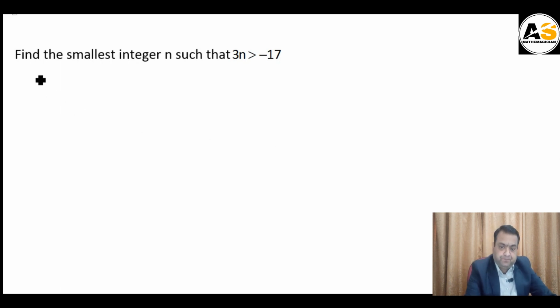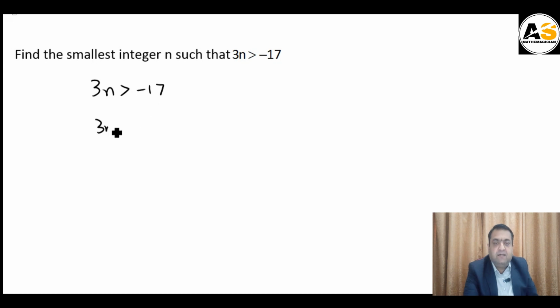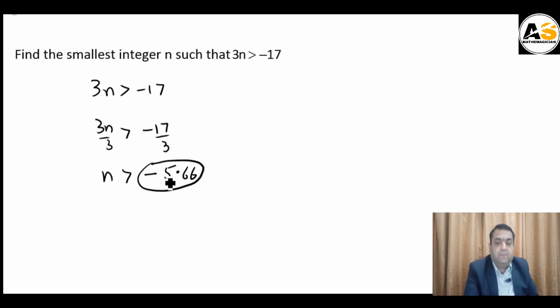A bit different question. To wind up today's lesson, find the smallest integer n such that 3n is greater than minus 17. First step, 3n over 3 is greater than minus 17 over 3. n is greater than minus 5.66. n should be greater than this. So what are the values greater than this?